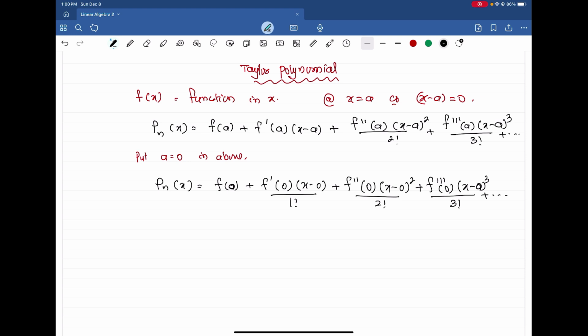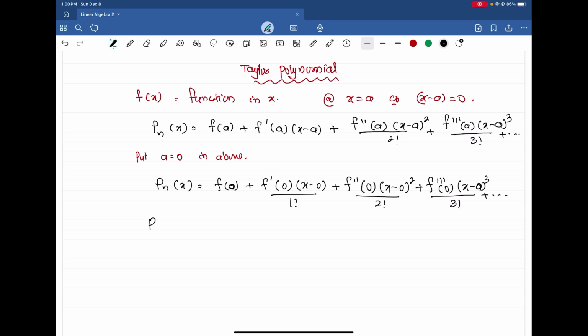This is the formula. A function x can be expressed in a polynomial form as per Taylor series, where polynomial x is equal to function 0 plus function dash 0 into x minus 0 by factorial 1 plus function double dash 0 into x minus 0 whole square by factorial 2 plus function triple dash 0 into x minus 0 whole cube by factorial 3 plus so on, so on, so on.